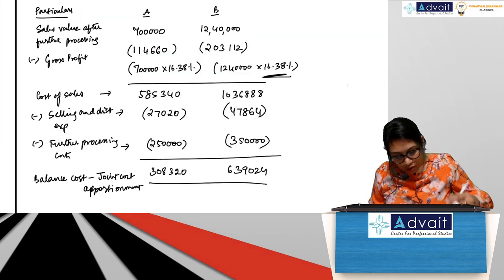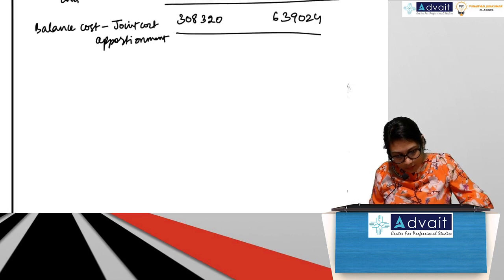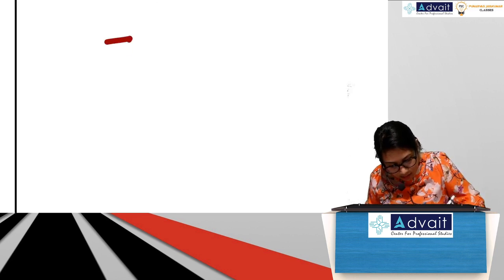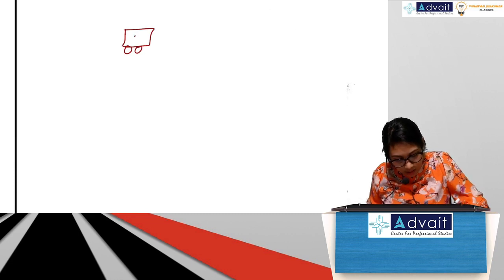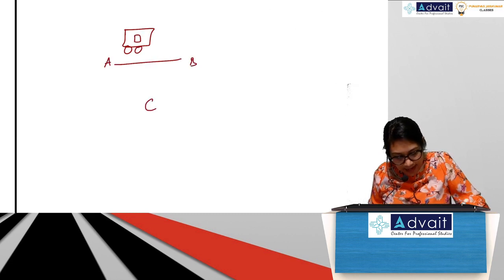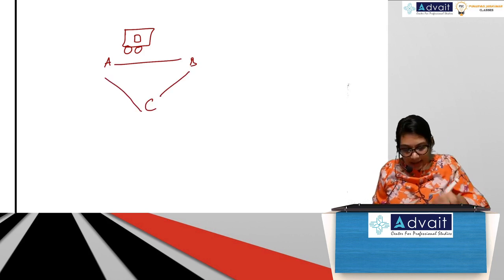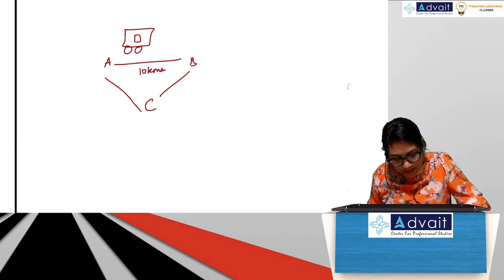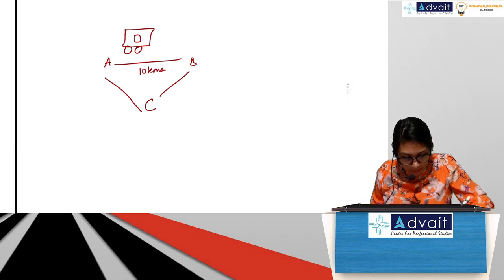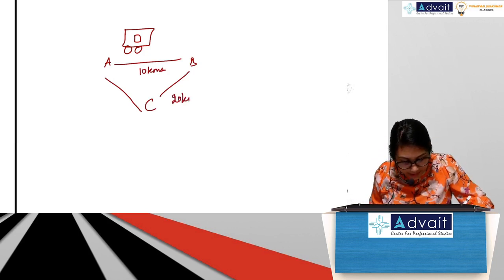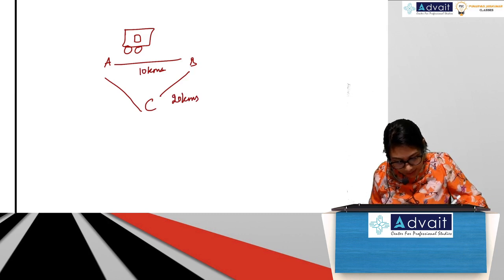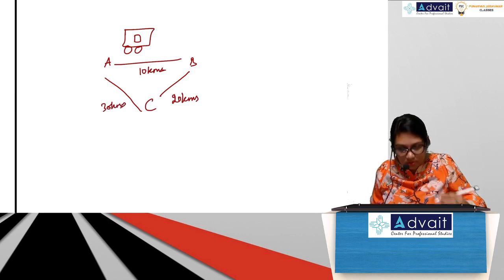So let me tell you the difference between the two. Let's say there is a lorry which goes from A to B, B to C and C to A. Let's say the distance between A to B is 10 kilometers, B to C is 20 kilometers and C to A is 30 kilometers.